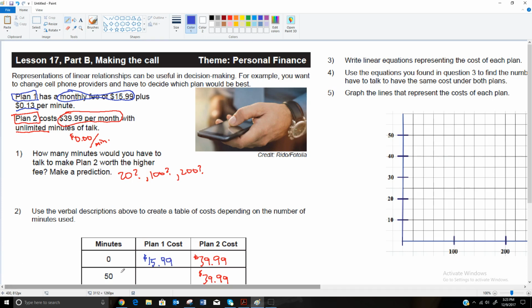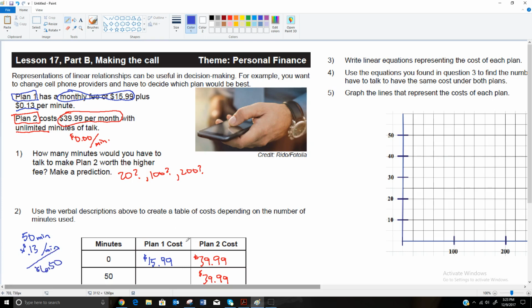Now be careful, we're not just adding 1 minute here, so we're not just adding 13 cents. We're adding 50 minutes. So 50 minutes times 13 cents a minute. If you add 50 minutes, that's going to add $6.50.